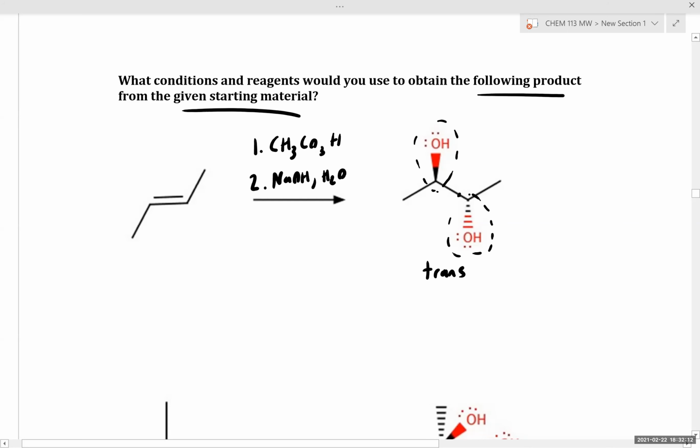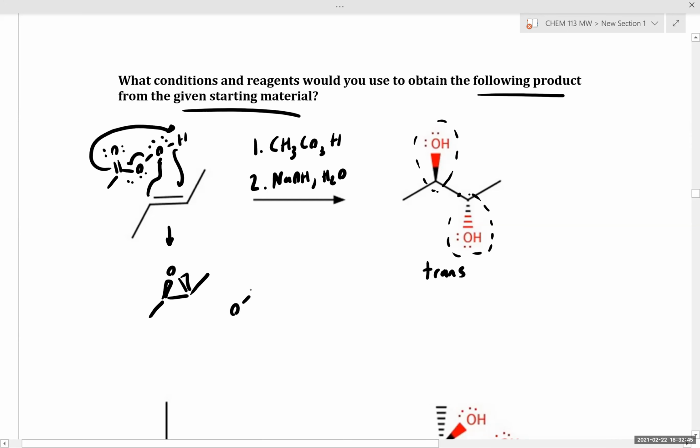Yep, so that would give us this trans product. Just to show the mechanism for that, because it's important to be able to rationalize your predicted product using a mechanism. From our first step, we'll get the following epoxide.